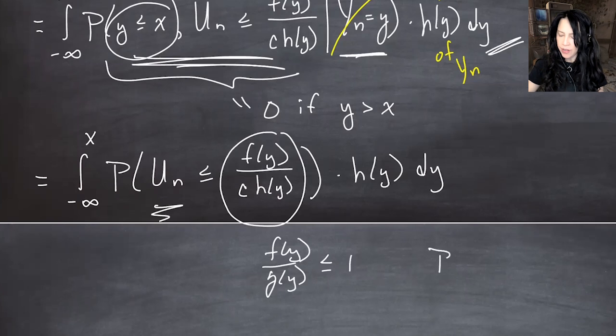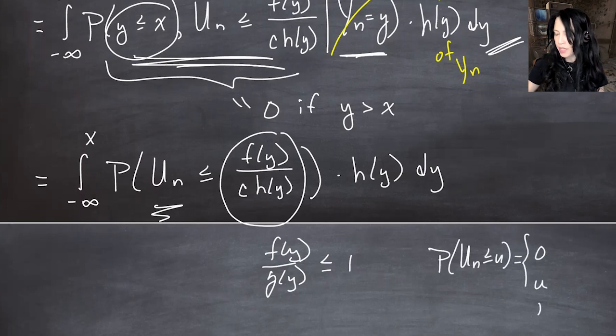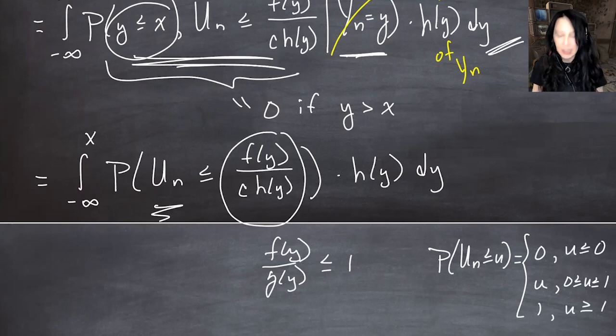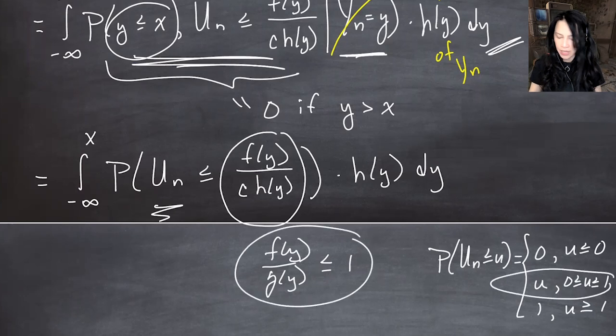And you may recall that the probability that a uniform 0, 1 is less than or equal to u is going to be 0, or u, or 1. It's going to be u if you are between 0 and 1. And it's going to be 0 if u is less than or equal to 0, and 1 if u is greater than or equal to 1. And so because our thing is less than or equal to 1, we're falling in here.